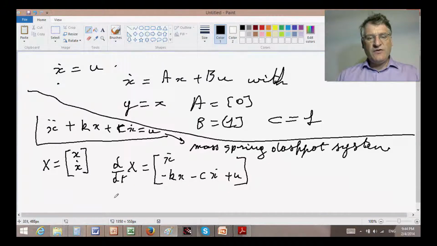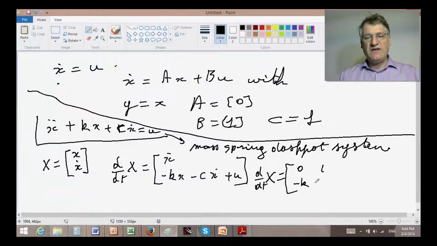So I can rewrite this as d/dt of x is equal to [0, 1; minus k, minus c] times x plus [0; 1] times u.